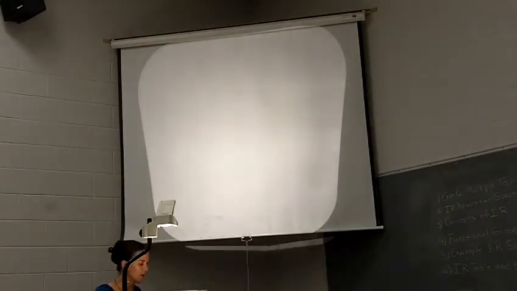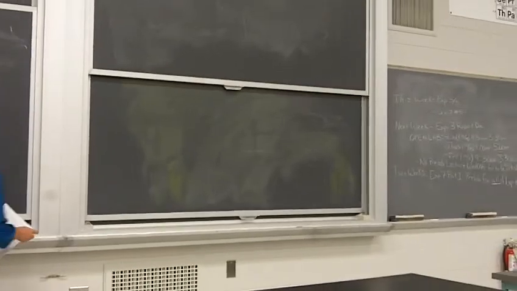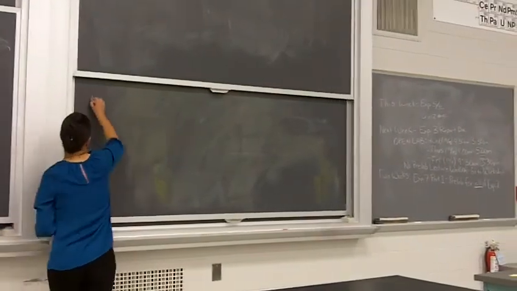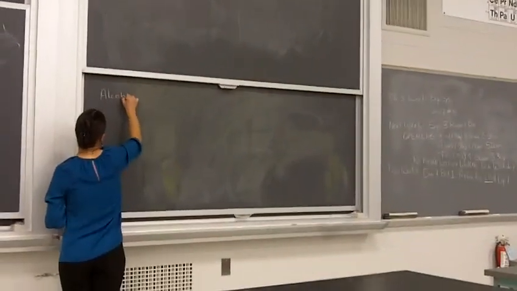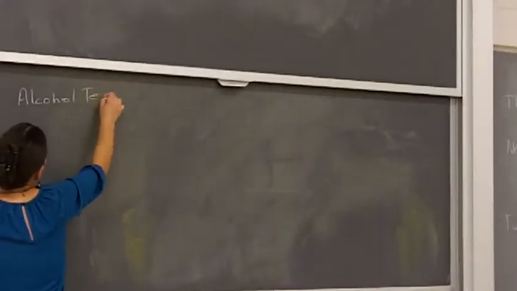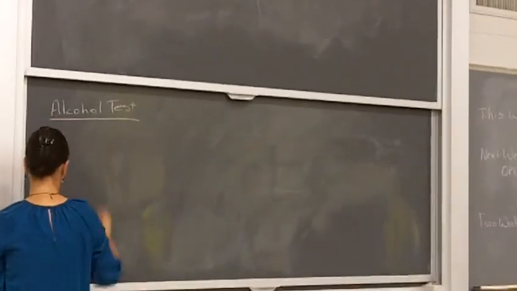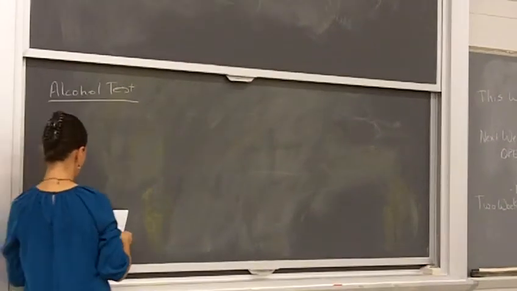All right, the last test is not really a reaction that we can easily show you. It's more a complexation that happens. And so for the alcohols, you're reacting an alcohol with ferric ammonium nitrate.